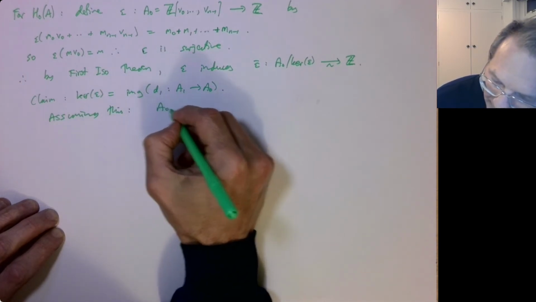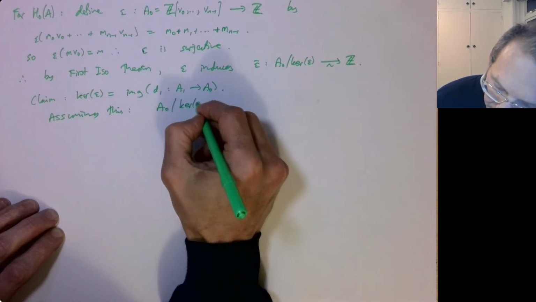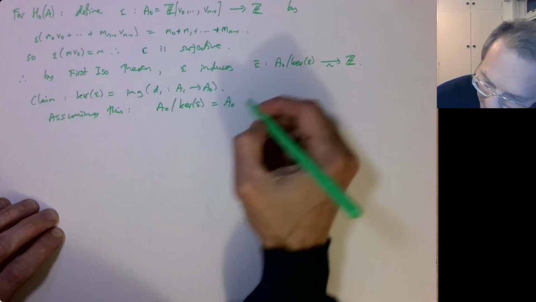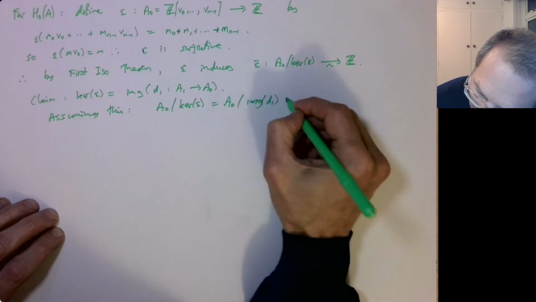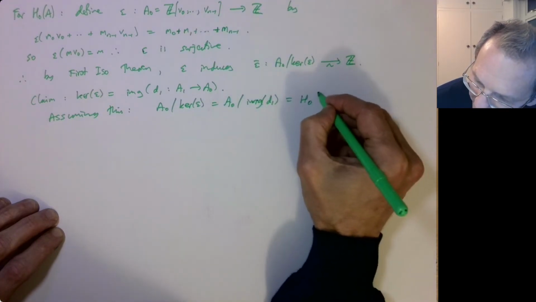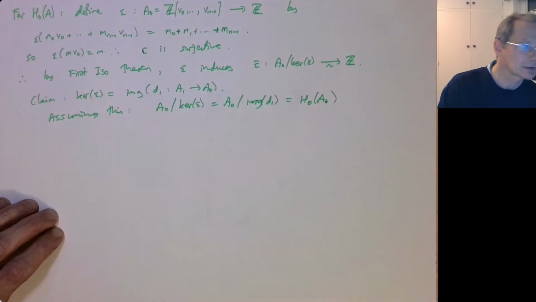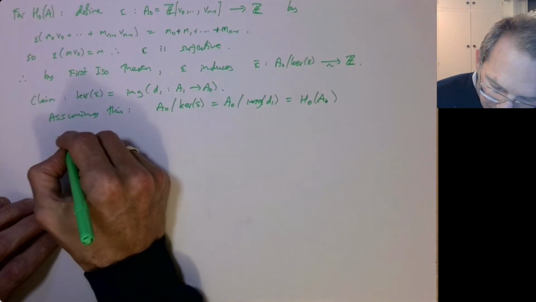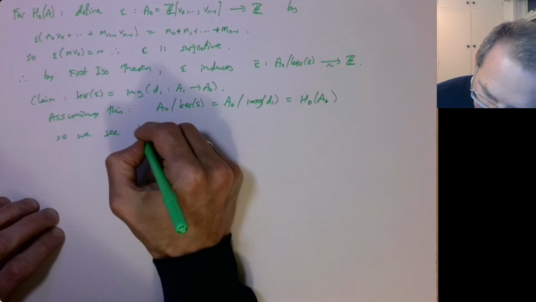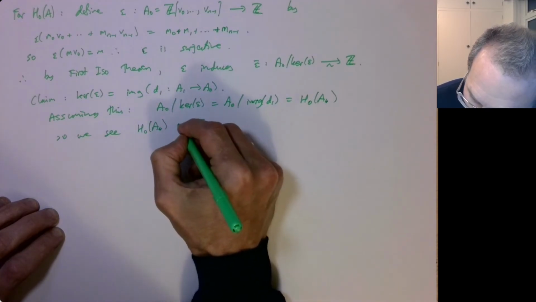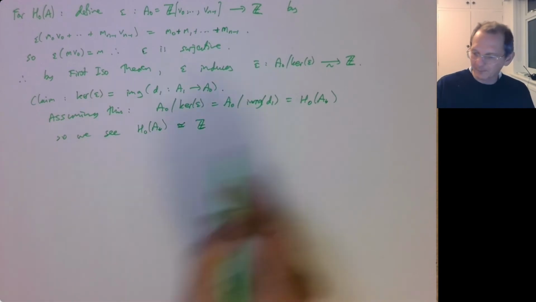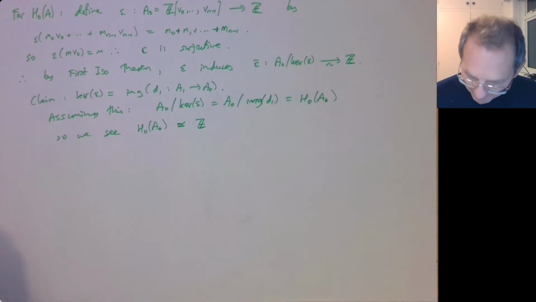Assuming this, A0 mod the kernel of epsilon is just the same as A0 mod the image of d1, which is the same as the zeroth homology group by definition. So we see that the zeroth homology group, by this epsilon bar, is isomorphic to Z.